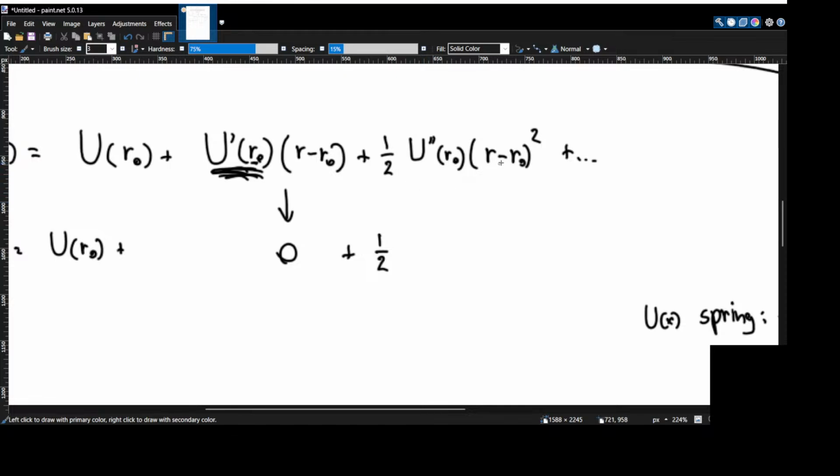Then, of course, we have this term up here, U double prime times R minus R naught squared. I'm going to write this out, and this is going to become x squared instead.